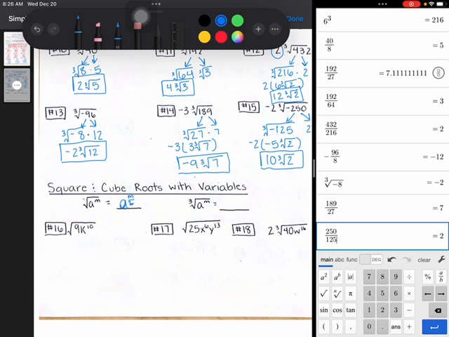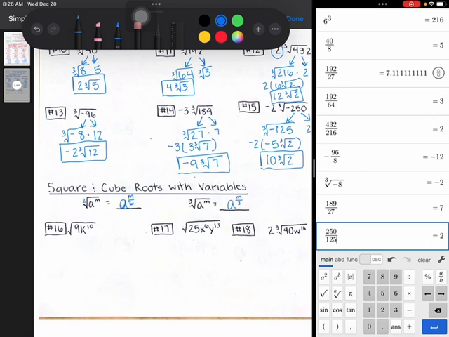Because of that invisible 2 that's on the index. So with a cube root, we have the radicand, and then the exponent divided by 3. Because again, 3 is the index, and it becomes whatever we divide by our fraction.